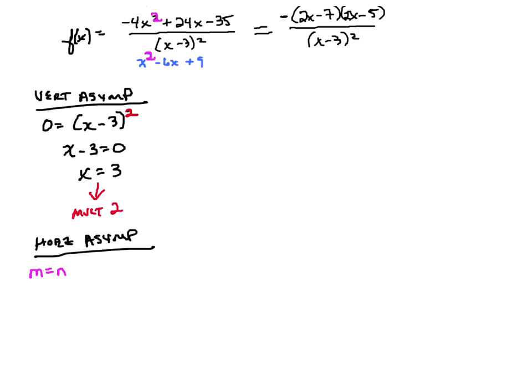So because m is equal to n, I have a horizontal asymptote at y equals the leading coefficient of my numerator, -4, divided by the leading coefficient of my denominator, which is 1. So I have a horizontal asymptote at -4, or y equals -4.